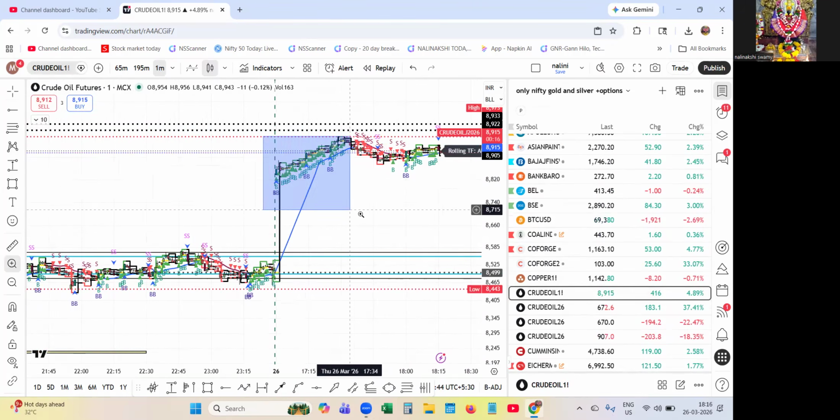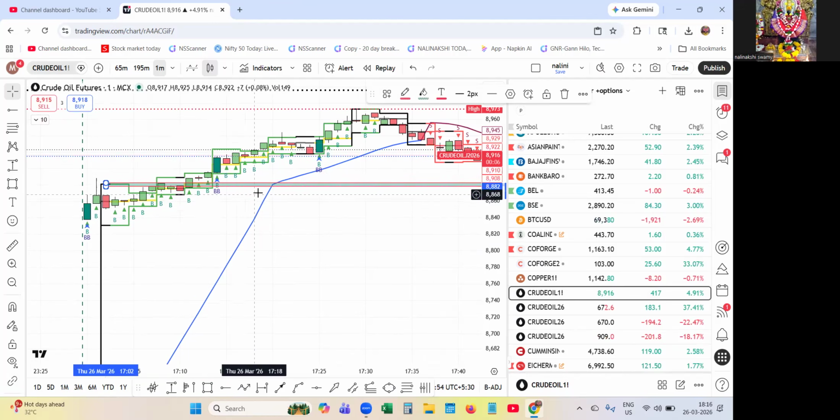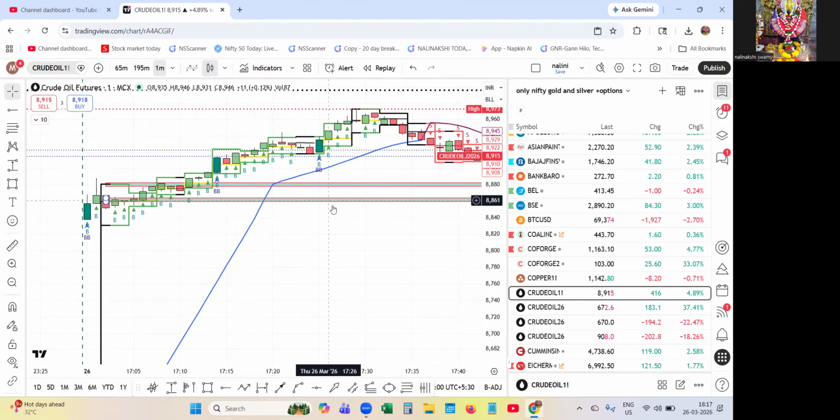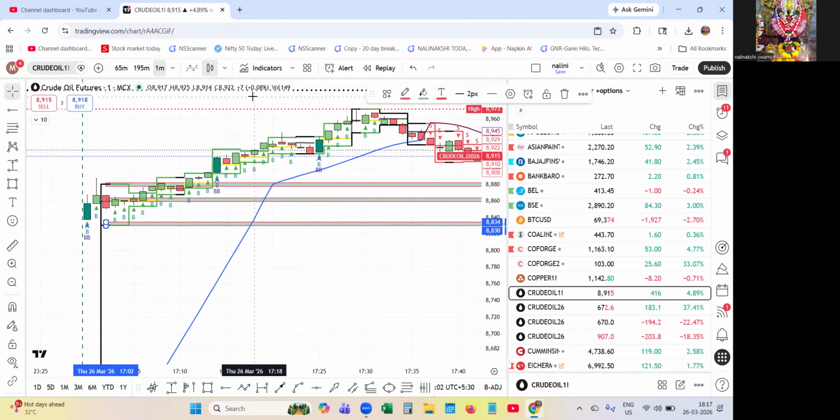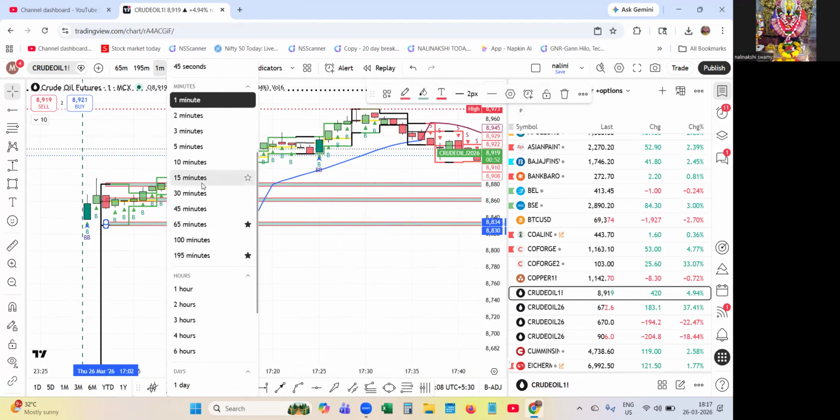Let us mark this box. The box is positive, gap up, positive. So everything is green. Okay, now our levels are fixed. Let us see what is happening in the market.